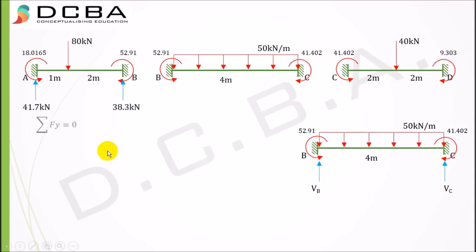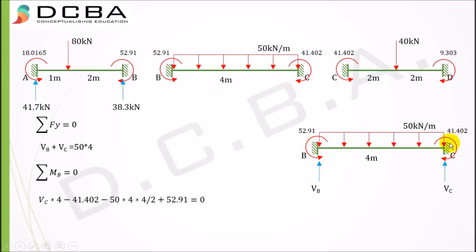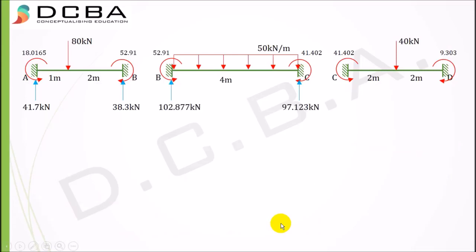Again taking our equilibrium condition, summation Fy equal to 0, VB plus VC equal to 50 into 4, since this is a UDL spanning 4 meters. Summation MB equal to 0: VC into 4 minus 41.402 minus 50 into 4 into 4 by 2 plus 52.91 equal to 0. We get VC equal to 97.123 kilonewtons and VB equal to 102.877 kilonewtons.